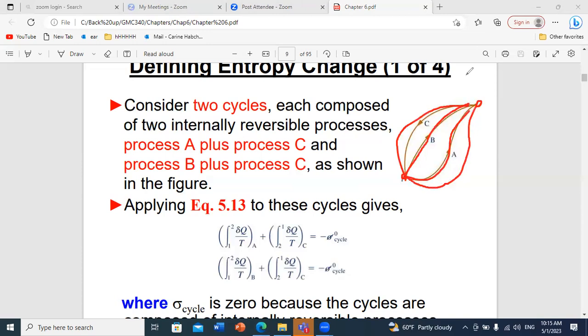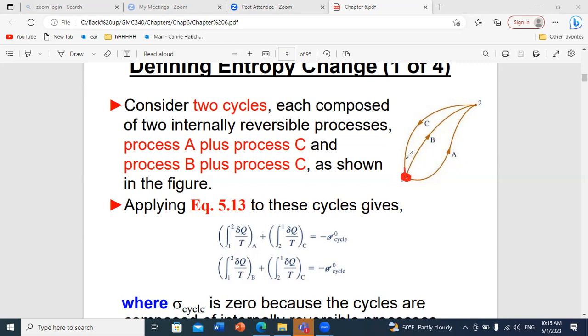In case I have no irreversibilities in my system, when I go back to the same point, I should not lose energy, and I should not have entropy production. Now we said if a cycle is reversible, I should not have production of entropy.